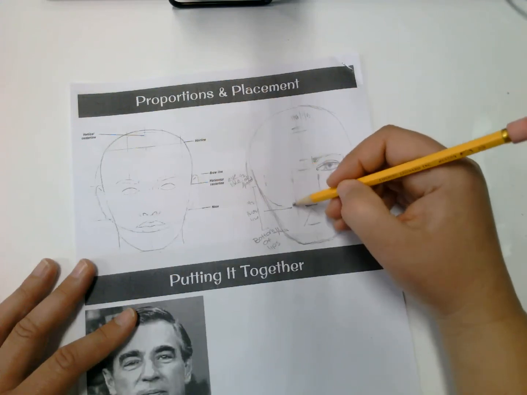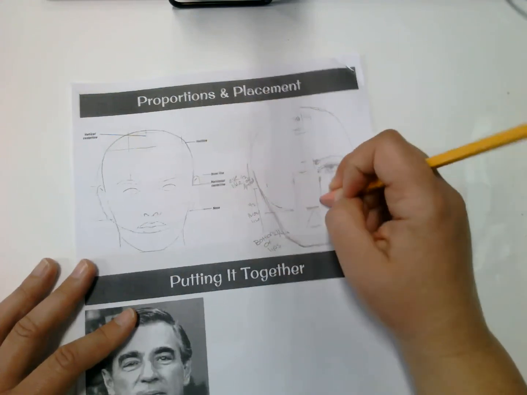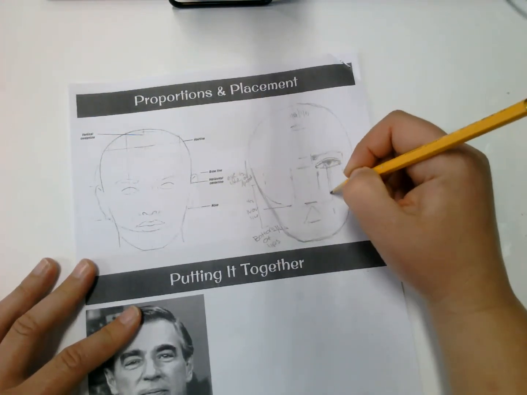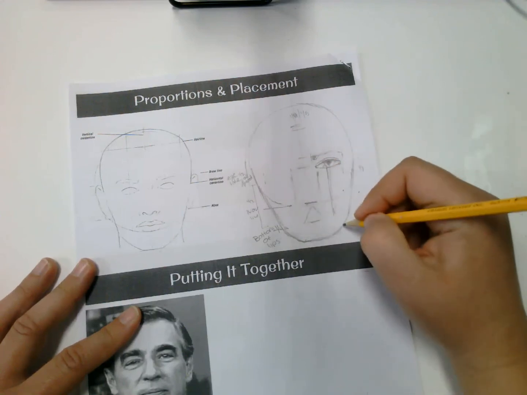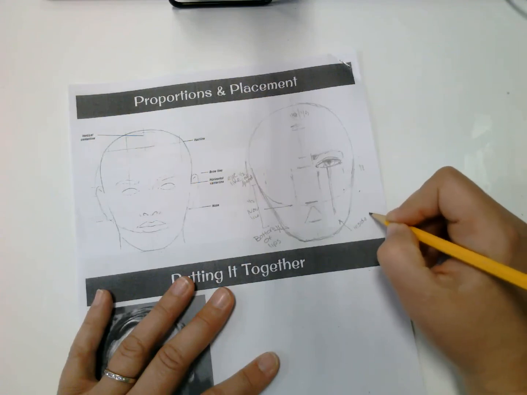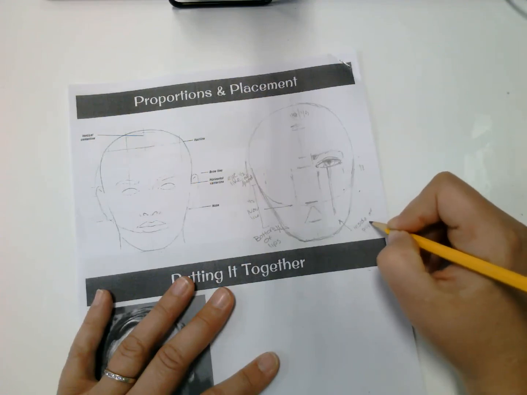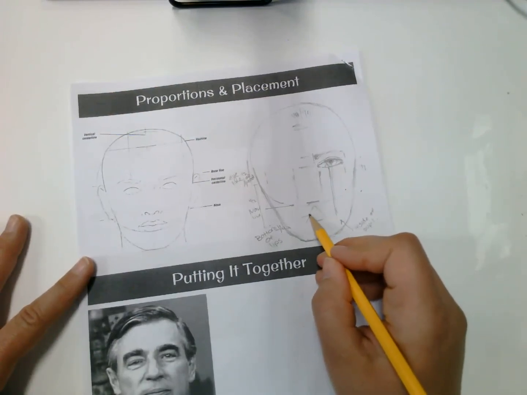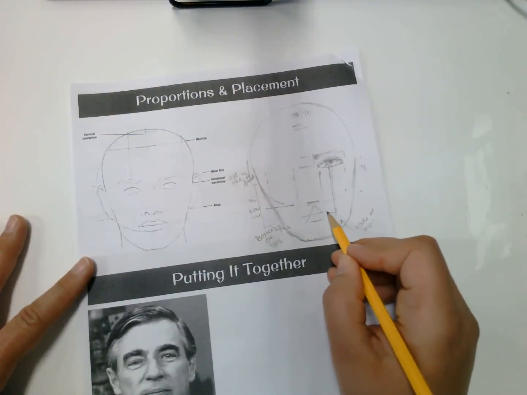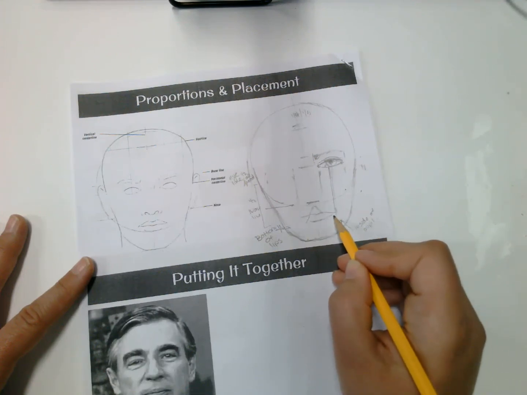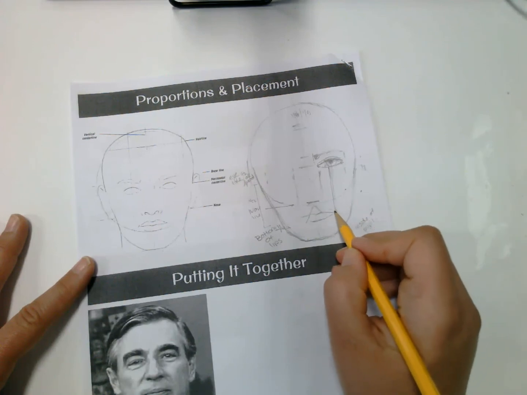Okay, I'm going to write: inside of pupil. That is where the crease goes. So we kind of know where the crease goes. Remember that the lower lip stops before, and the upper lip kind of tapers out to the end.